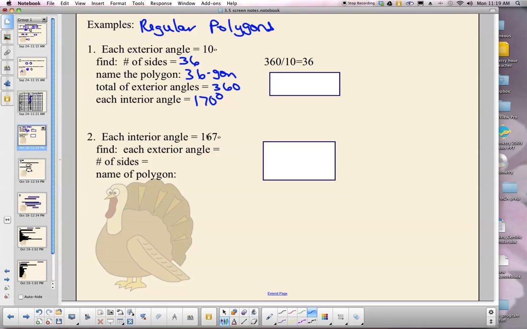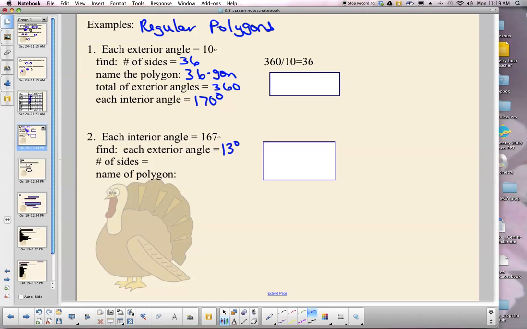So if the interior angles are 167, the very first thing I would do is flip that over and say, okay, then what do the exterior angles have to measure? The exterior angle measures would have to equal 13 because together they have to be supplementary. And now you can go back and do it exactly the same way you just did.